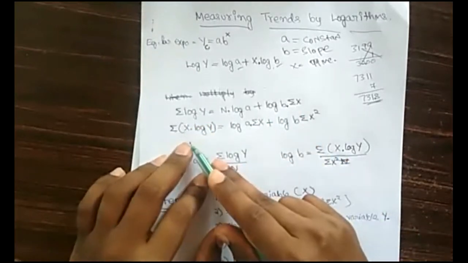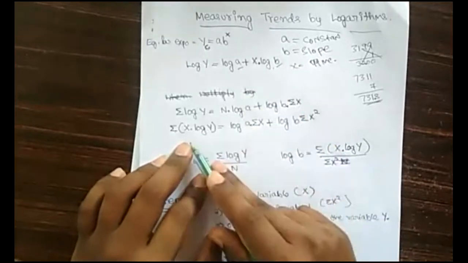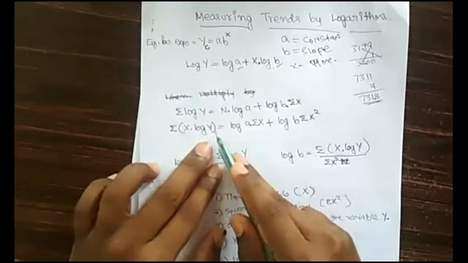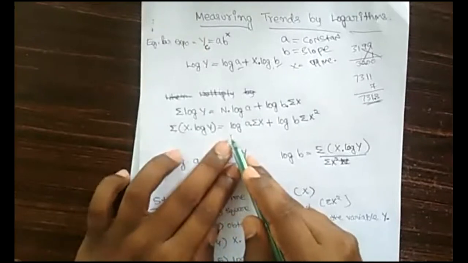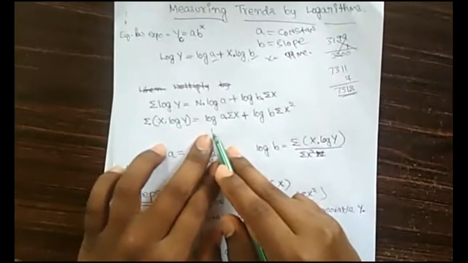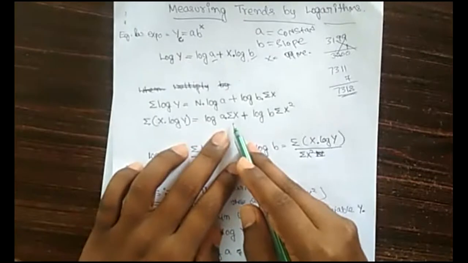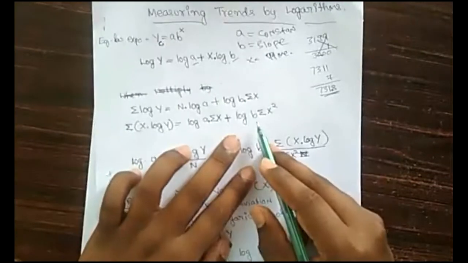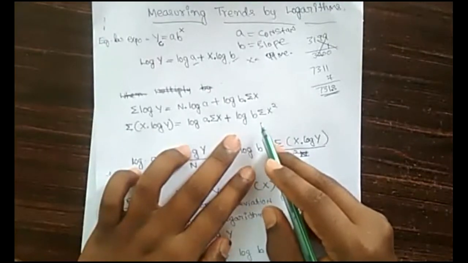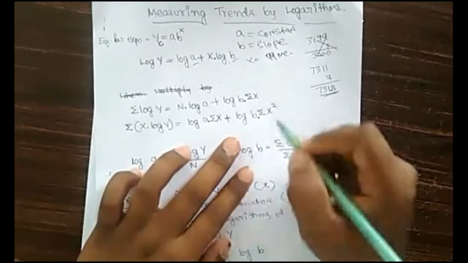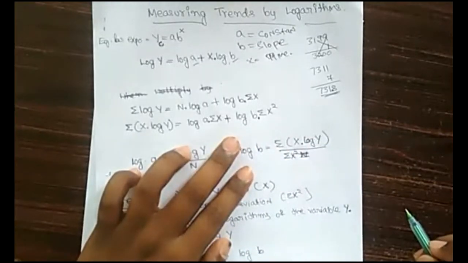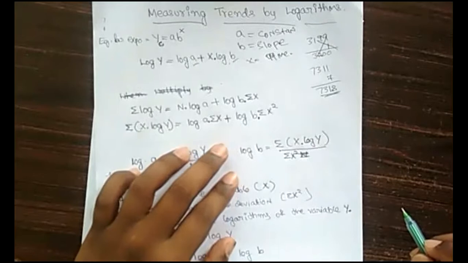And when you multiply sum of x into the first equation, we get sum of x into log y is equal to log a into sum of x plus log b into sum of x square.